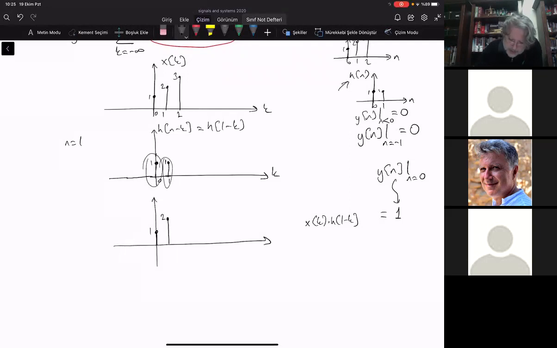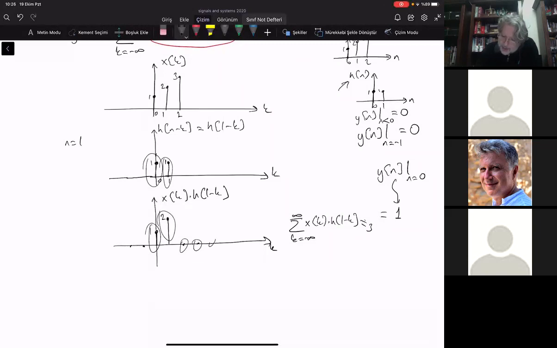So this is x of k times h of 1 minus k. And after that, I have to sum them up for all k over the k-axis. So I have to sum up all of these values, 0 plus 0 plus 0 plus, etc. Plus 1 plus 2 plus 0 plus 0, etc. So it is 1 plus 2, which is 3, right?